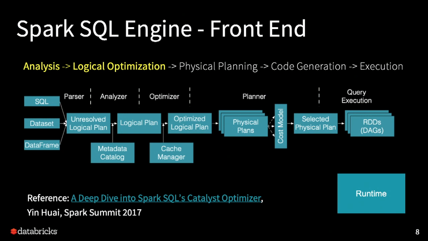There have been a couple of previous Spark Summit talks that focus on the front end of the Spark SQL engine, which includes the analysis and optimization of the logical plan. If you're interested, you can follow this link to watch a previous talk given in 2017 to learn more about the front end.